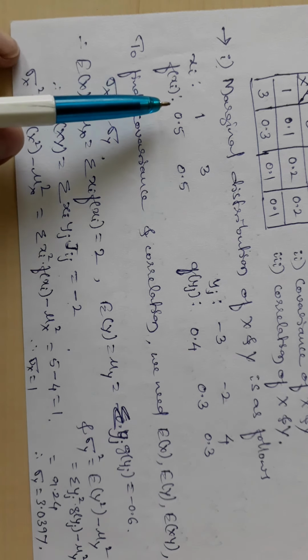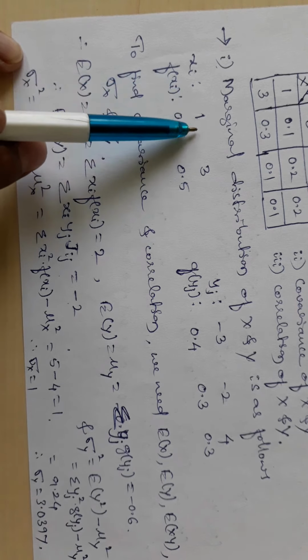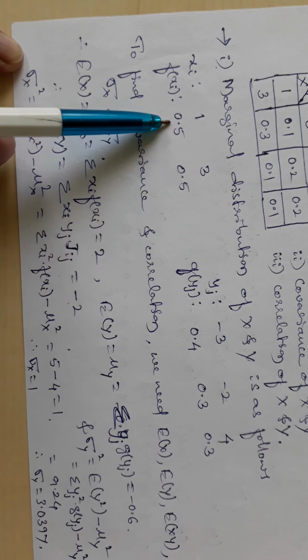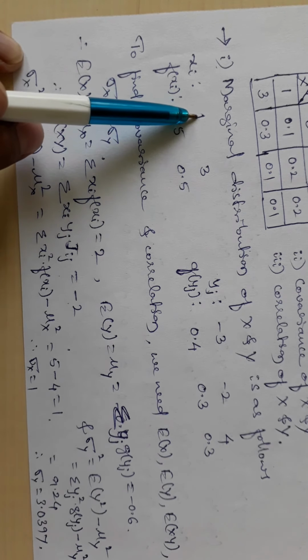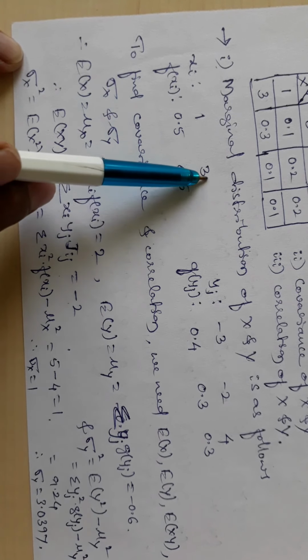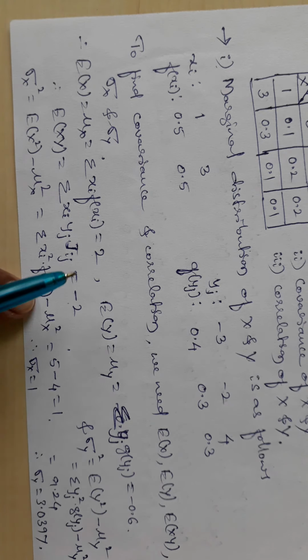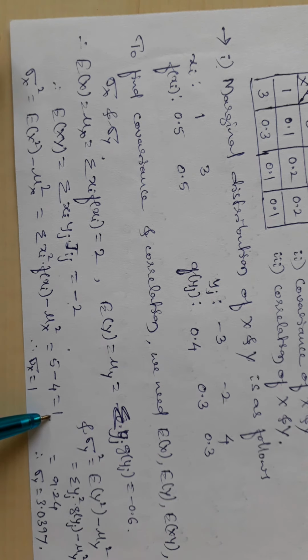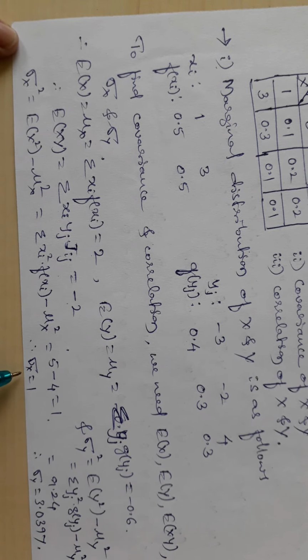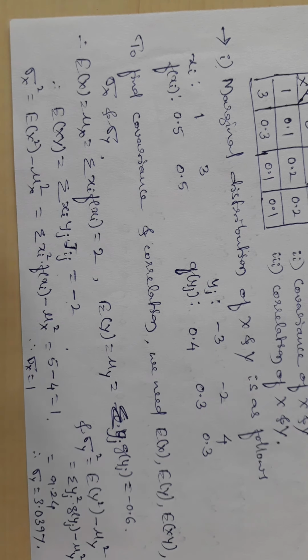From the marginal distribution, take the square of the x values and multiply by f of x, that is x1 square into f of x1 plus x2 square into f of x2. Then we have the value 5 minus mu x, which is 2, and its square is 4. Therefore sigma x square is 1, but we want sigma x, therefore take the square root, sigma x equals 1.